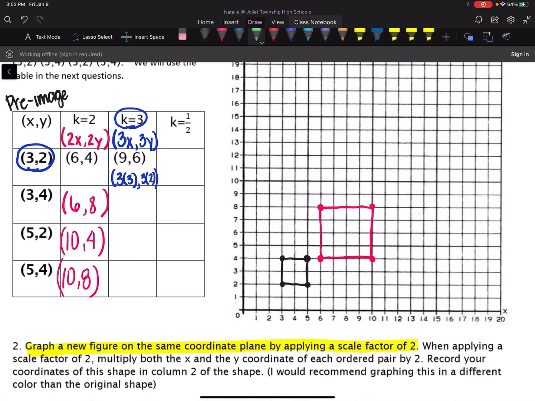And I'm going to jump over to our last column in the chart, where my k value now is a fraction. Just as before, we're going to multiply our x and y coordinates by that 1/2 value. So for my first point, I'm going to have 3 times 1/2, which is 3/2, and I have 2 times 1/2, which is 1.